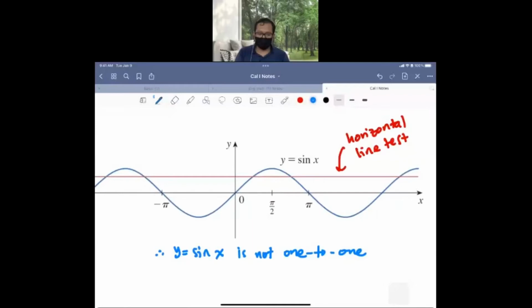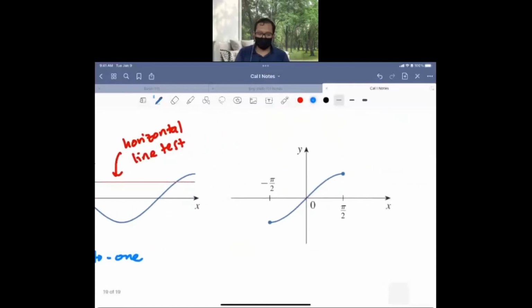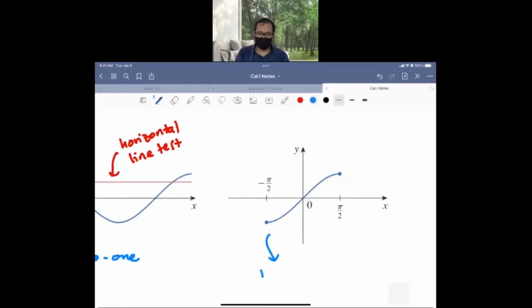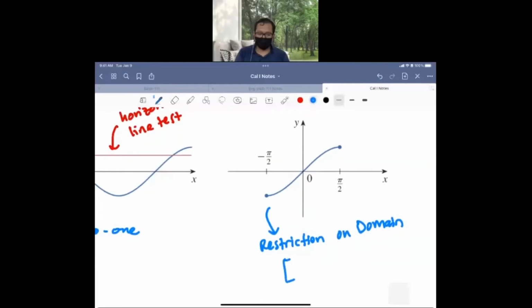But if we make some restrictions on the domain, for example, we restrict from negative pi over 2 until pi over 2, so we restrict the domain, that will be our domain.